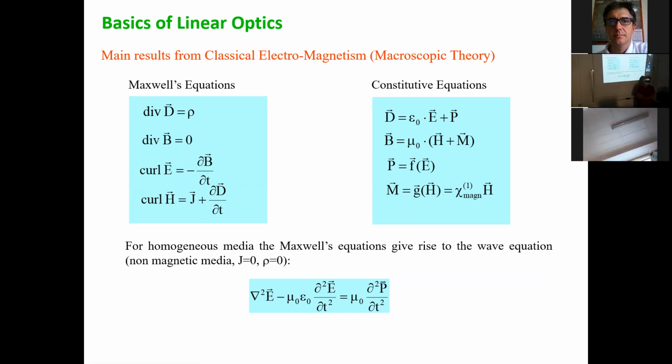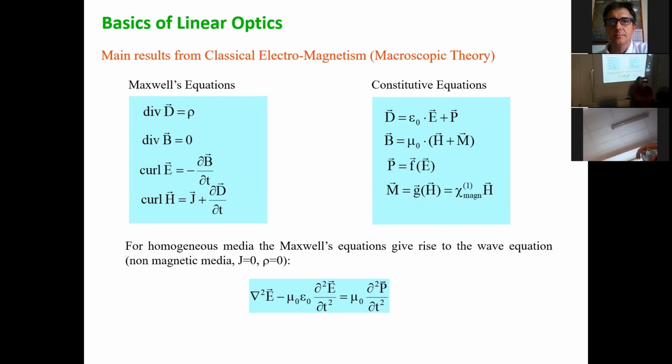Before Maxwell, this was the Ampere theorem, which tells you that if you calculate the integral of the magnetic field on a closed loop, it is always equal to the current passing through the loop in static conditions. So curl of H is equal to J. J is the current density.